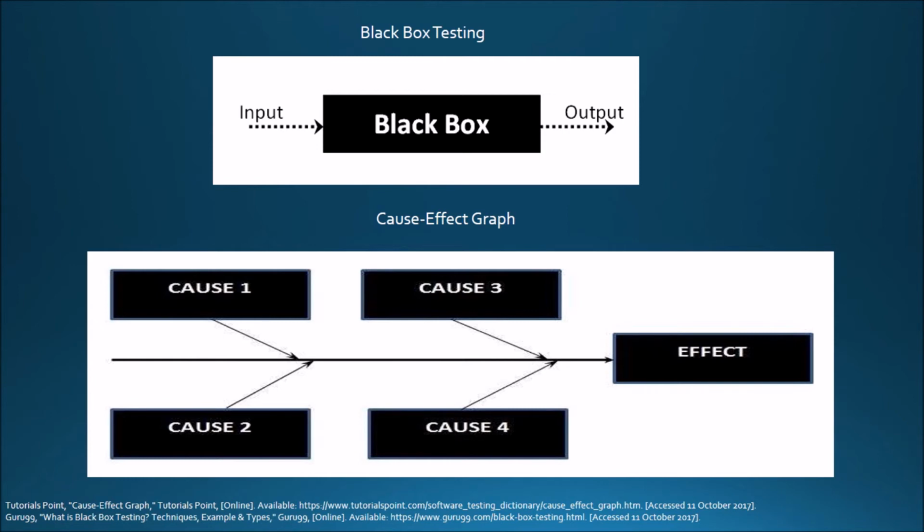This next graph essentially shows that one method of black box testing would be trying to find these cause and effects. So you'd have multiple causes all leading to the same effect. There can be multiple causes, like you can see here, cause 1, cause 2, cause 3. They all lead to the same effect.